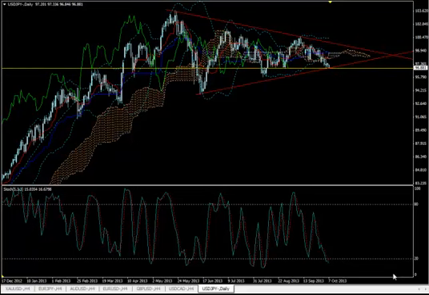So as I was telling you, the stochastics are showing us that the price is just moving inside the oversold territory, oversold zone, which is below the 20 level.